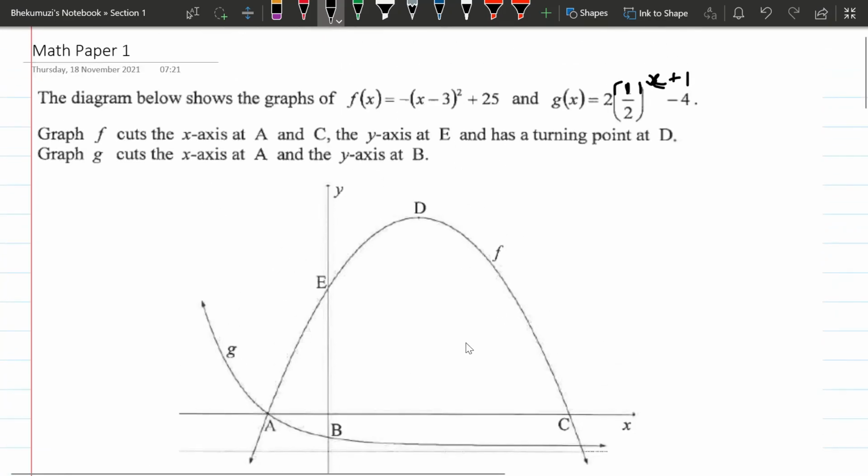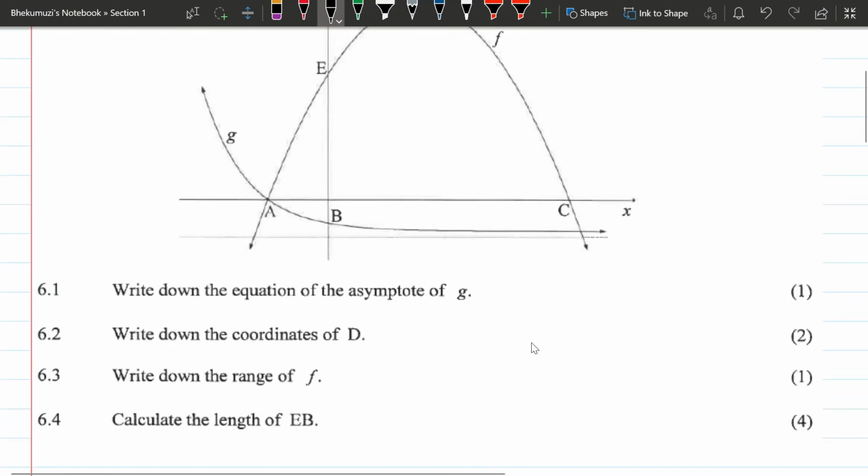Now, automatically, the asymptote you actually find from the formula of the exponential function. So g of x is equal to 2 with the base of half, all raised to x plus 1 minus 4, and therefore our asymptote in this case would be y is equal to minus 4. Okay, so it's just y equals minus 4.